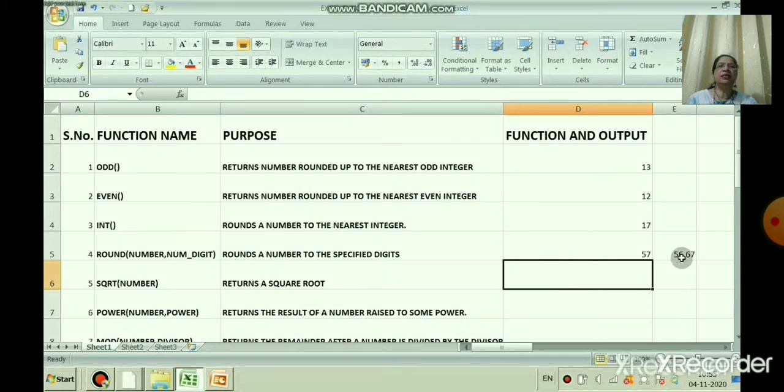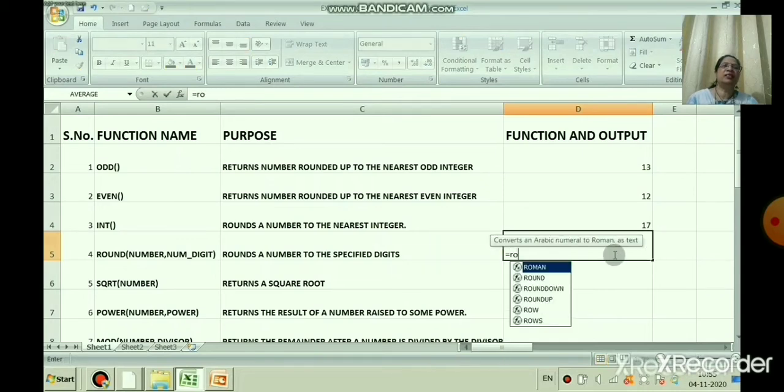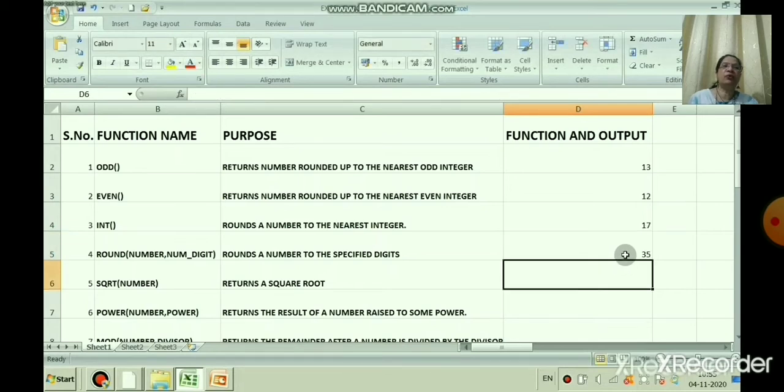Is that clear, children? So, the ROUND function rounds a number to the specified digits. Or you can write ROUND and open the bracket and here write the number, suppose 34.65. All of you know it is 35. So, I want to round it, though I do not want a decimal point. Then again what I will do, ROUND, the number and the digit, specify the digit.